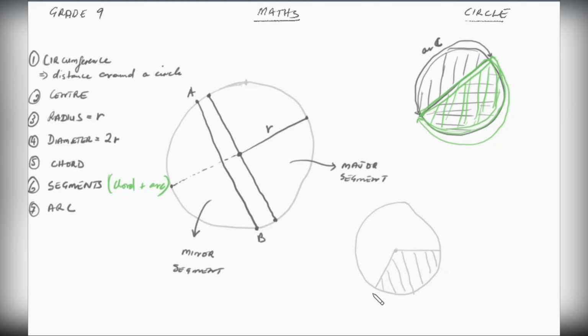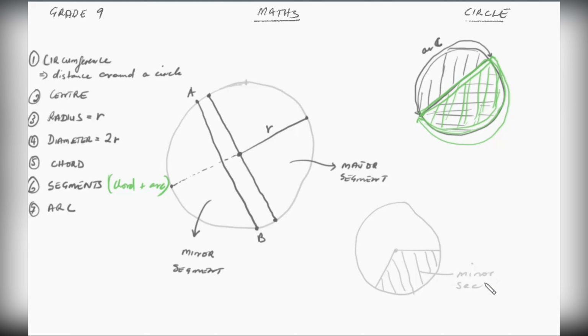The region between two radii and an arc, this region, or this one, two radii and this arc. So this larger arc is called the major arc. The smaller arc here is called the minor arc. So now the region or the shape formed by two radii and the minor arc is called a minor sector.